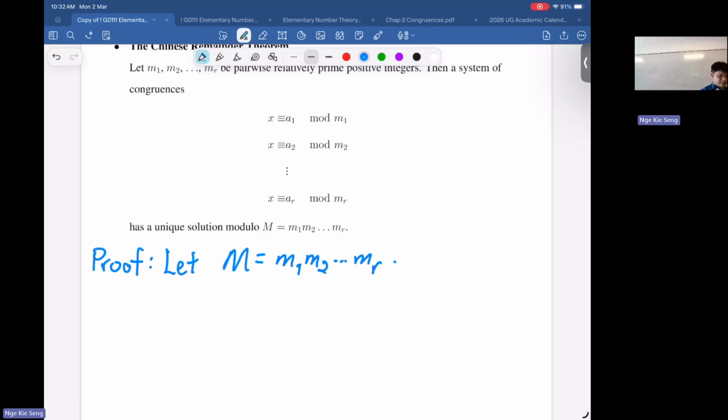And then you consider this weird Mk here. This weird Mk is just taking M and removing mk. So in this case, you have all the product except mk.